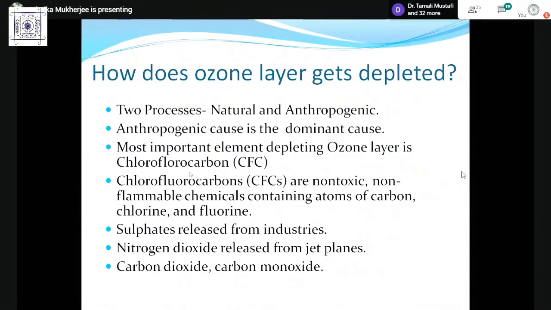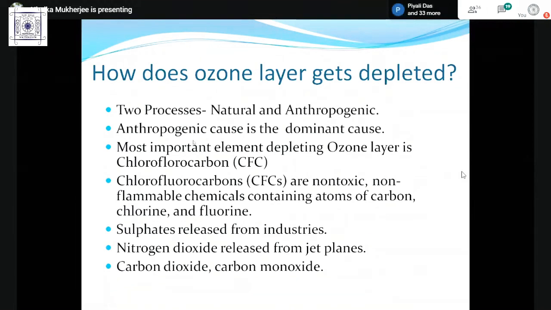The most important element in ozone layer depletion is chlorofluorocarbon. This is an anthropogenic cause, and chlorofluorocarbons, CFCs, are basically non-toxic, non-flammable chemicals, and they contain atoms of carbon, chlorine, and fluorine. They are non-toxic basically because they do not harm us, but they are harmful in the way that when they reach up above the troposphere, up to the ozone layer, they deplete it.